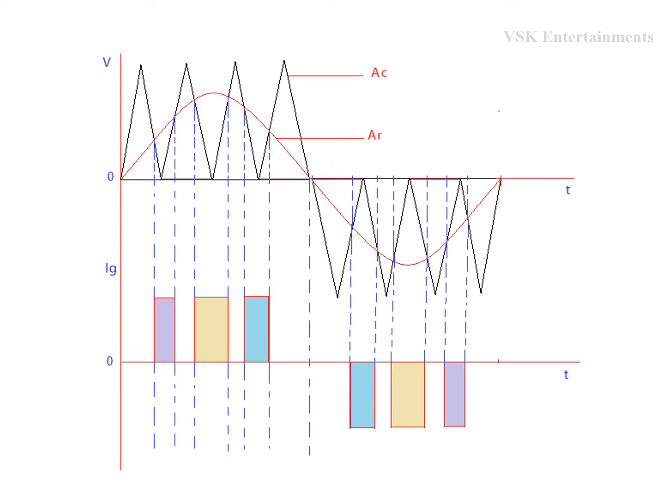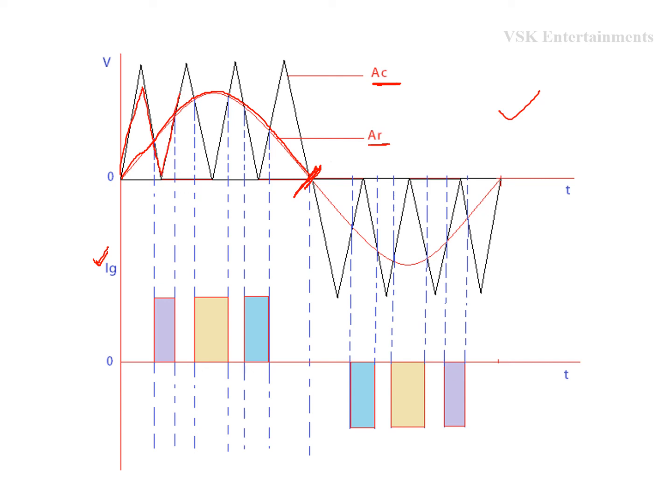These are the waveforms related to the sinusoidal PWM technique. Here AR is the magnitude of reference signal, AC is the magnitude of carrier signal, and IC is the gating pulses generated by comparing reference signal and carrier signal. Here up to this point is the one half cycle. During one half cycle we are going to use the single sinusoidal reference signal and multiple triangular carrier signals.